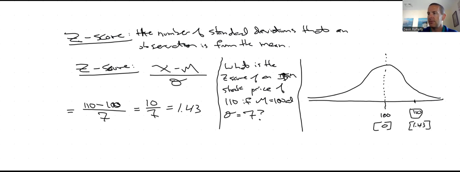Okay. So that is what a z-score is. A z-score is the number of standard deviations an observation is away from the mean.